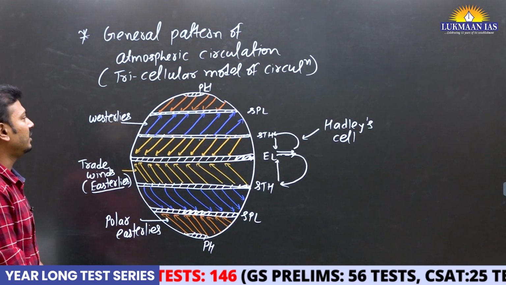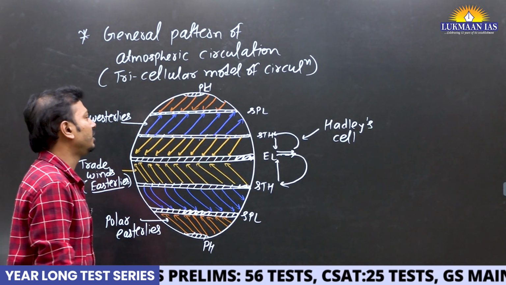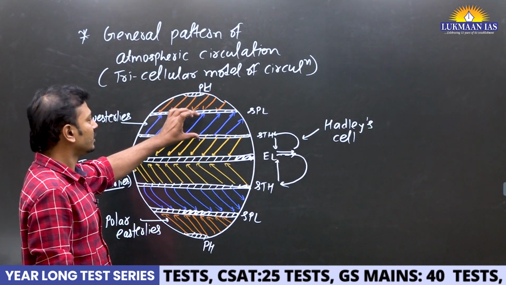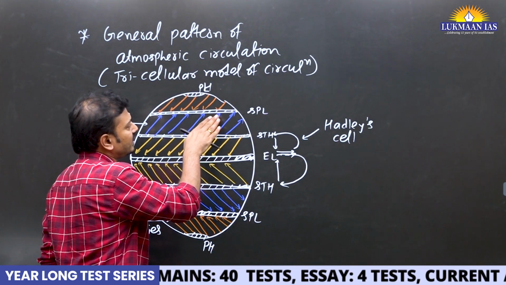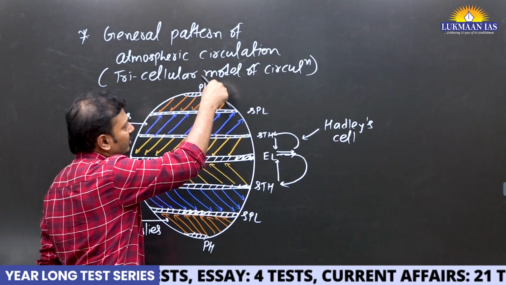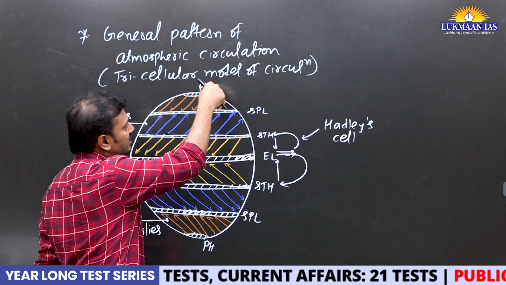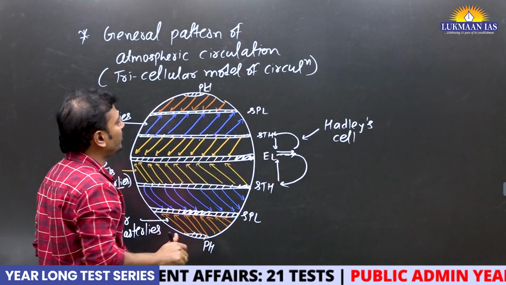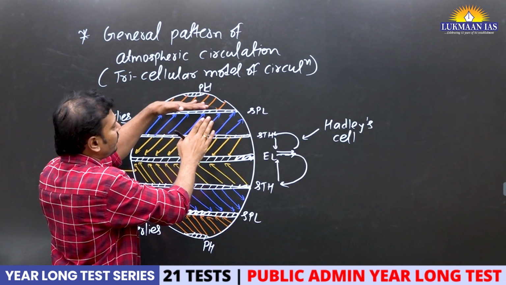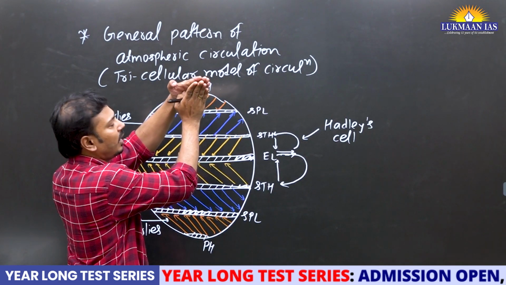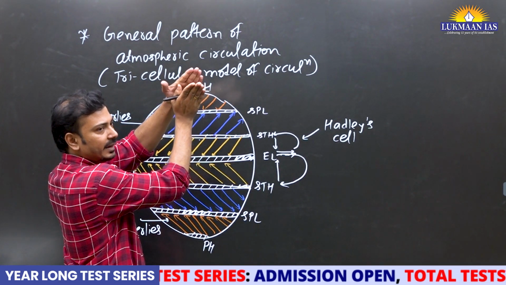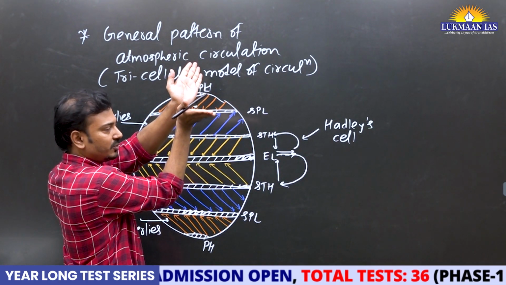In a similar manner, we observe cellular movement of wind here also. Now, what is happening here? When these westerlies are moving like this, and polar easterlies are moving like this, because of the rotation effect of the Earth, the wind from the surface will try to move up. Again, it will diverge in the upper atmosphere.